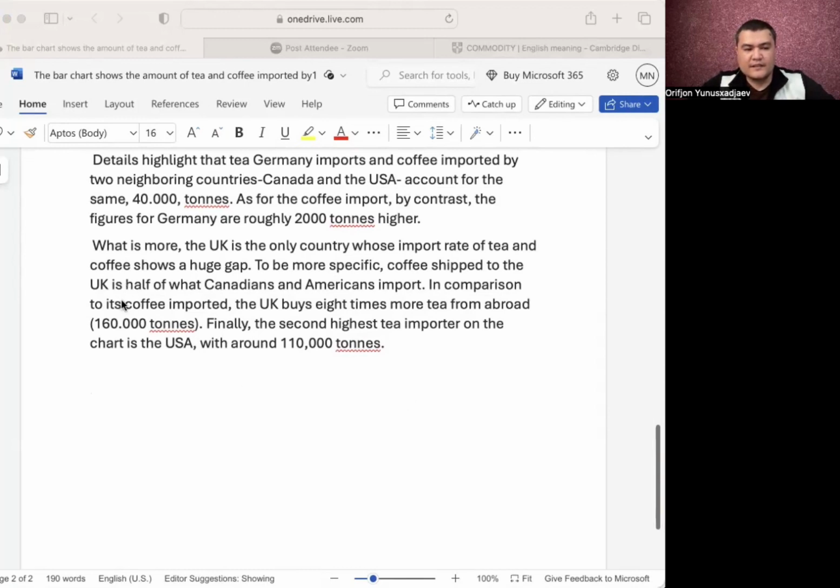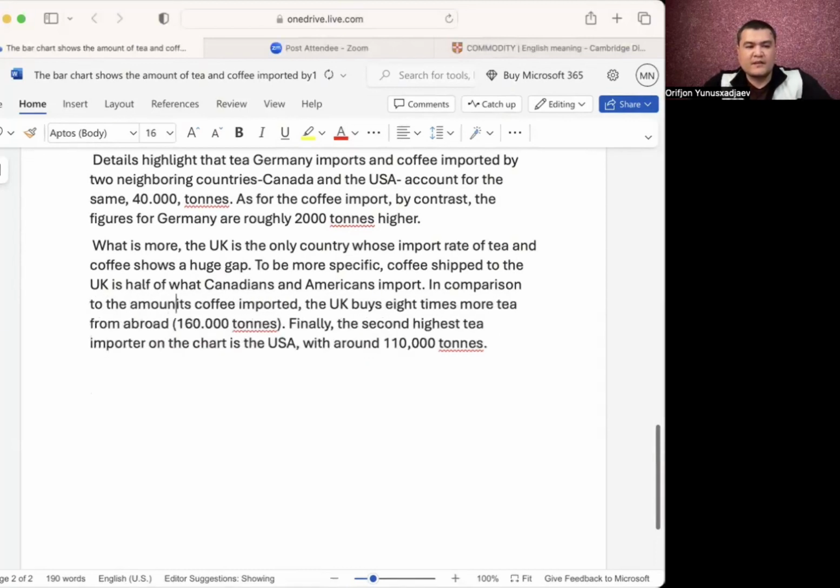So maybe we'll say not its coffee, but it would be better to say the amount of, right? In comparison to the amount of its coffee imported, okay, now it's better. What happens? The UK buys 8 times more tea from abroad, 160,000 tons. Finally, the second highest tea importer on the chart is the USA with around 110,000 tons.